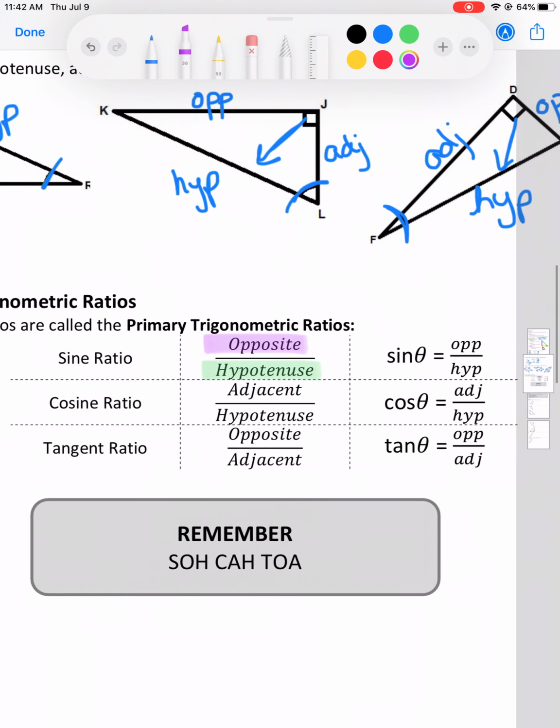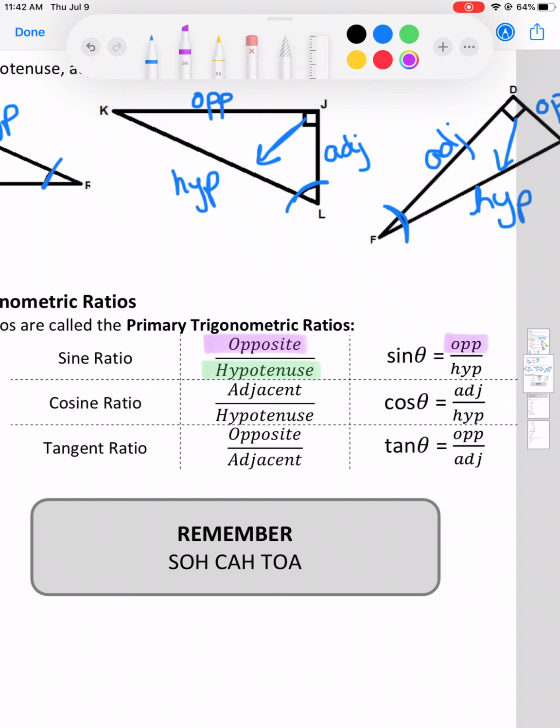Okay. So when we have to find an angle or side, we have to determine what we have. So we label the sides, and we'll figure out what angle is needed or what angle we have, and then from there we can figure out which ratio we're going to use. Okay, so as you can see, our sine uses opposite over hypotenuse. Here's my short form.